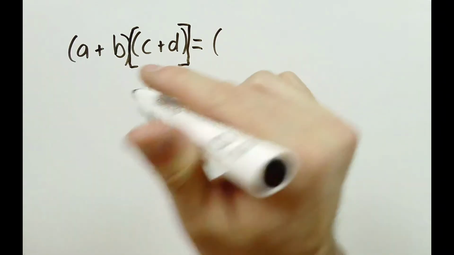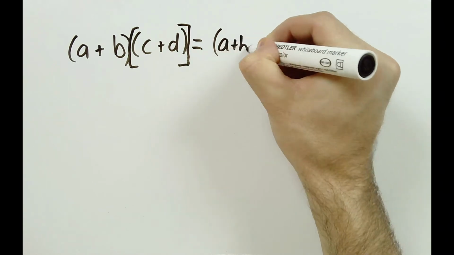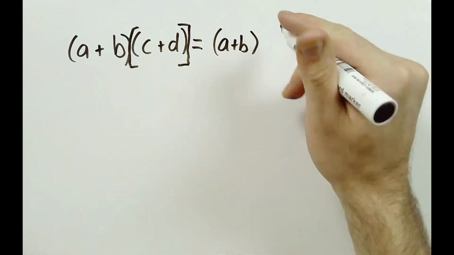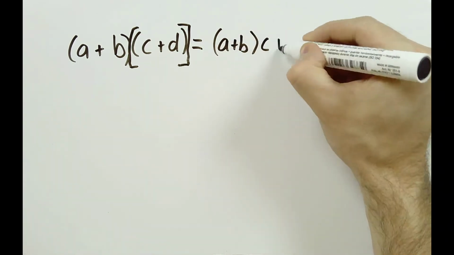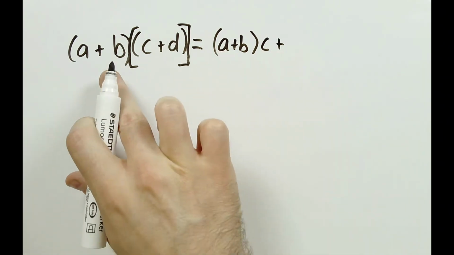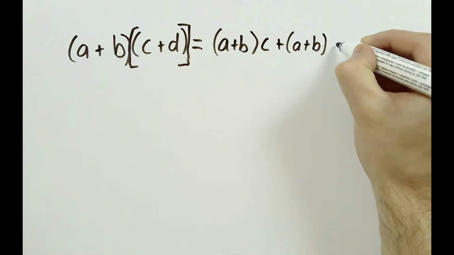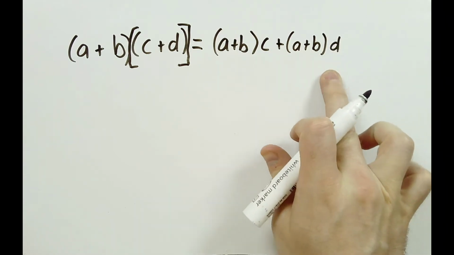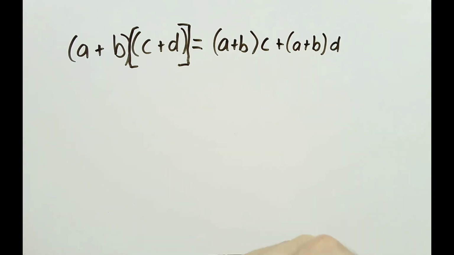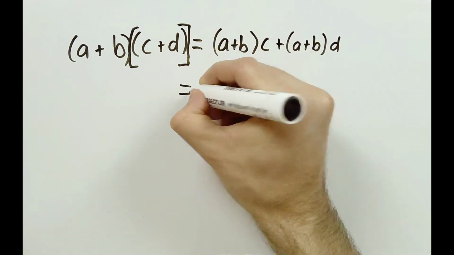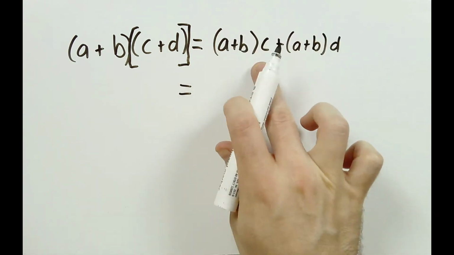So we could have the term outside the brackets multiplied by the first term inside the brackets plus the term outside the brackets, (a + b), multiplied by the second term inside the brackets. And then we can use the distributive law a second time in each of these cases.